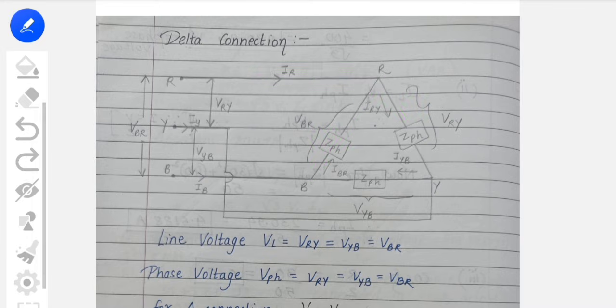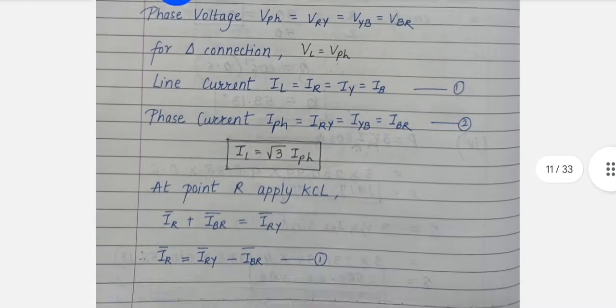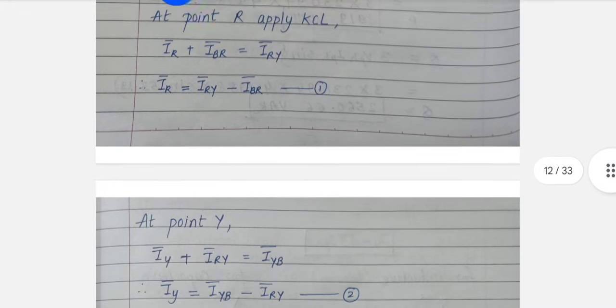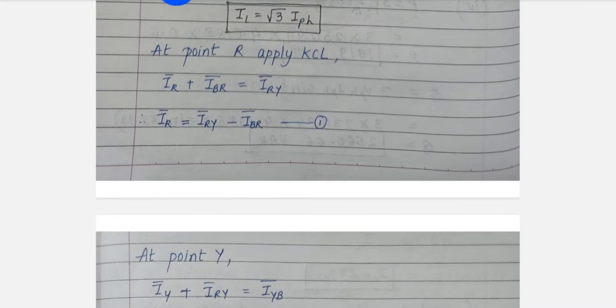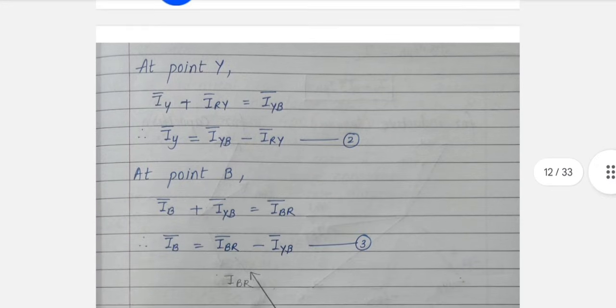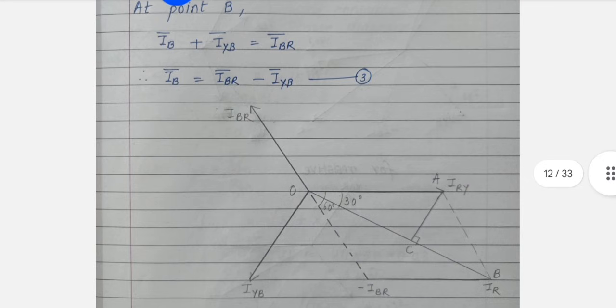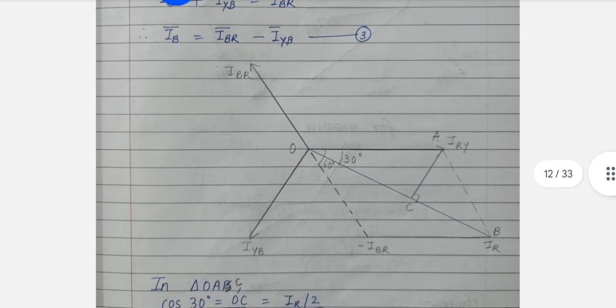I hope you all know what KCL is. We have learned this in 12th standard, right? The same thing you have to follow over here, and for point B and for point Y you have to do the same thing. If you draw the diagram and consider this by your own, it will be easier. So from here, IR will be equal to IRY minus IBR. We name it equation 1, and the same we have to do for Y and for B. I am not wasting time explaining these small things, you can understand by your own also.